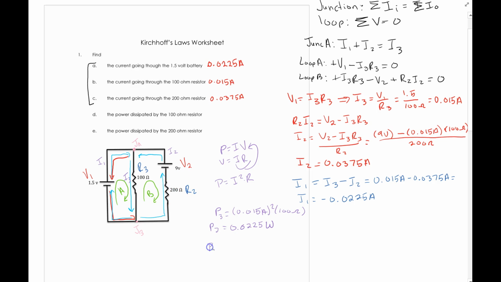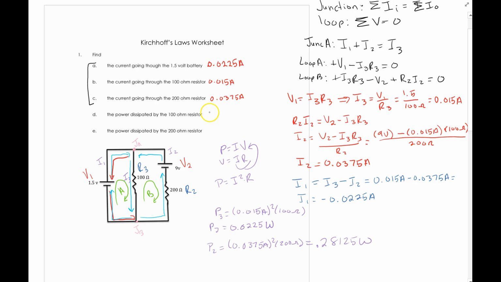So power for 2 is going to equal 0.0375 amps, that term squared, times my 200 ohms, which gives me a power of 0.28125 watts.